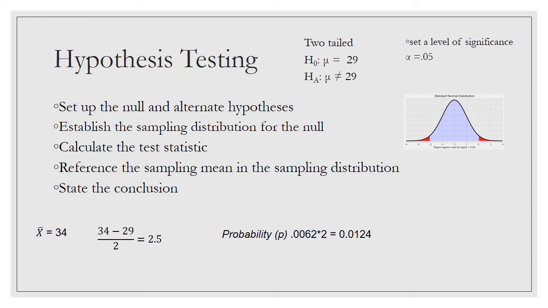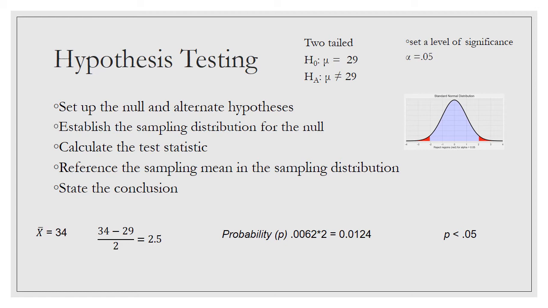We can then compare that 0.0124 to our alpha level established ahead of time, our probability, which was a value of 0.05. And we can say the probability that we found of 0.012 was less than the probability of 0.05.